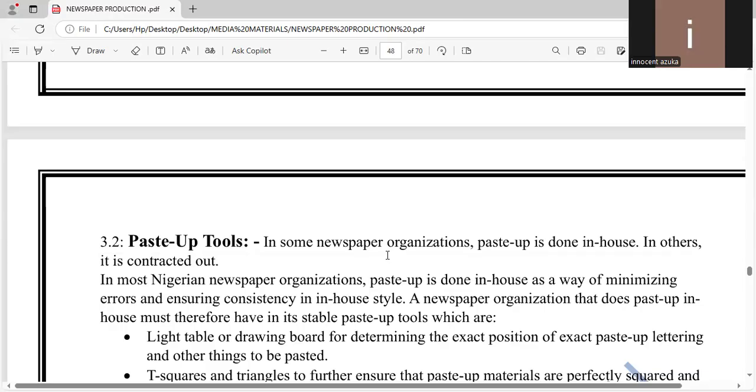Paste up tools. Is the paste up done in house, or is it contracted out?